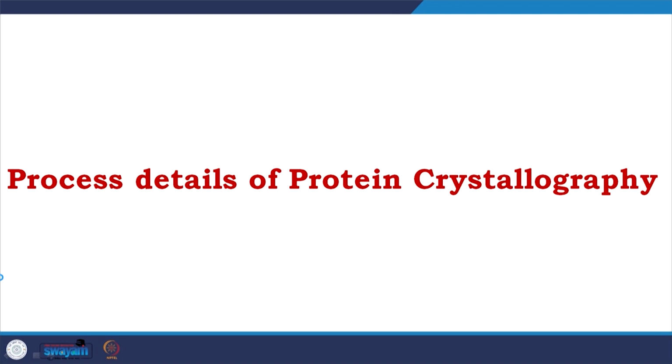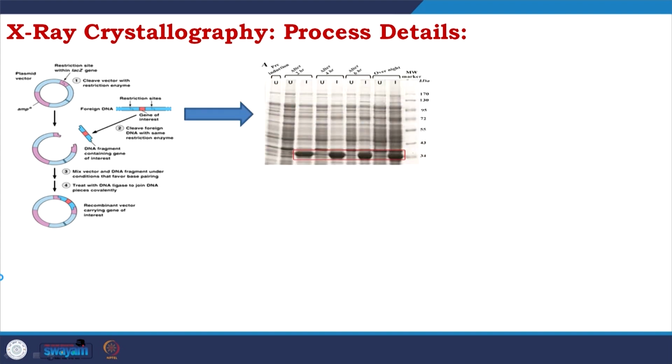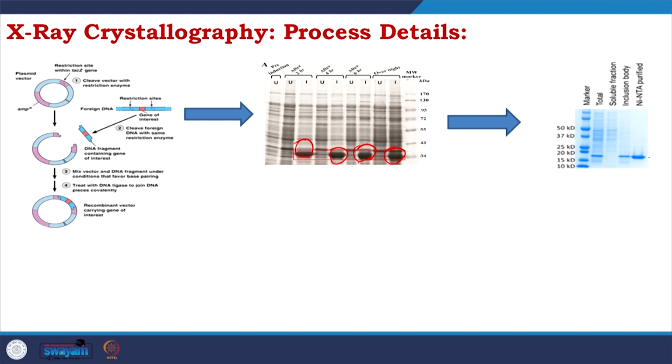So, now we will go inside the process details of protein crystallography. I told about it, but the initial phase is to start with DNA. We have to take a DNA and go through the entire process of cloning, overexpression. This is overexpression. You see the bands, and you will find that the bands you are finding here are due to overexpression. This is uninduced and this is induced. So, when you get these fat bands, you know that your protein is overexpressed, and then this is the purified protein.